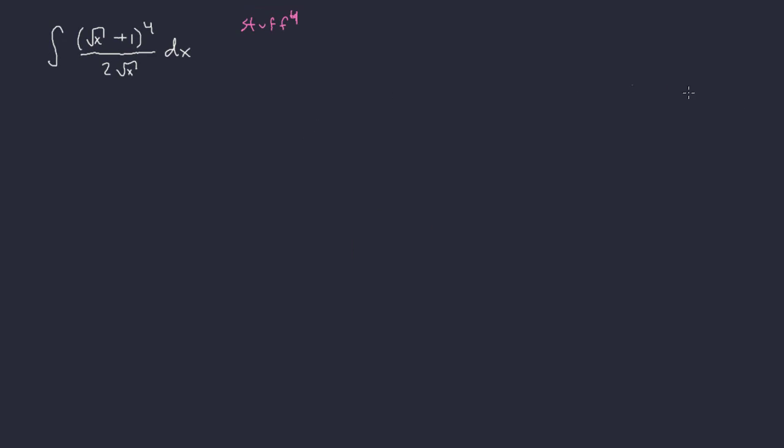So I'm going to let u be that stuff, which is the square root of x plus 1. Then du will be the derivative of this, so the derivative of root x will be 1 over 2 root x dx.